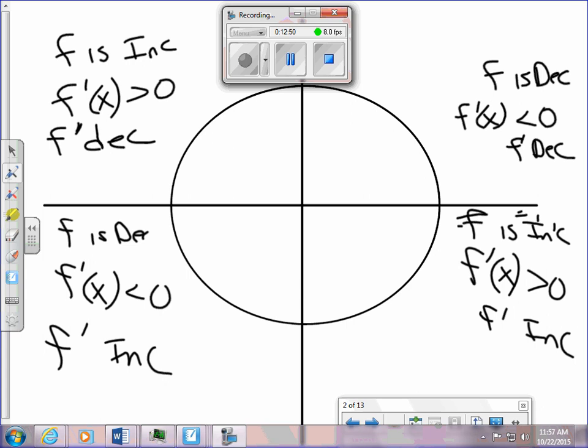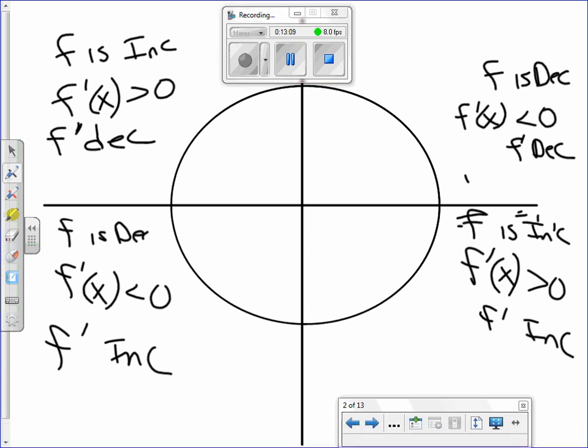If the first derivative is decreasing, just think of the first derivative as being any old function. What do we know about its derivative, the second derivative? If any function is decreasing, is its derivative positive or negative? It's negative. So whenever the first derivative is decreasing, its derivative, the second derivative, is going to be negative.